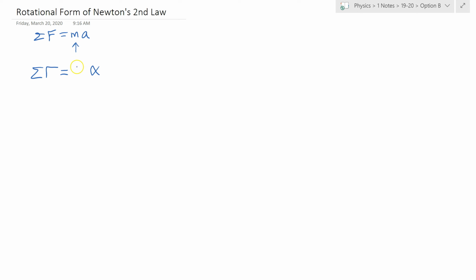the thing that resists angular acceleration instead of mass is called moment of inertia.